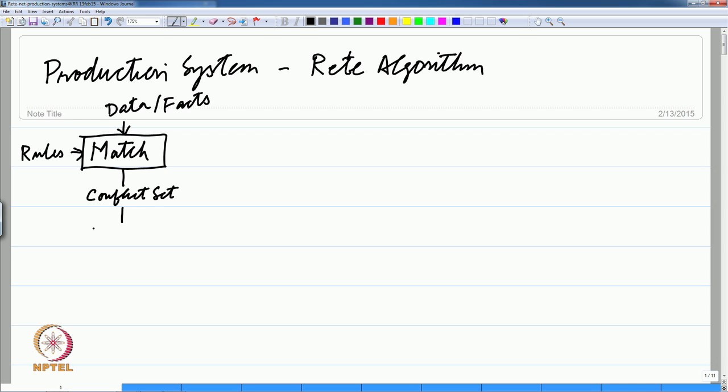And this set is given to a phase called resolve, which selects a rule from the conflict set, which is given to execute.